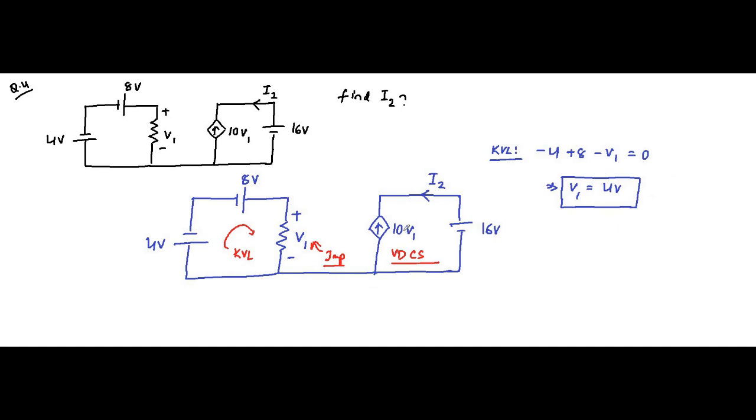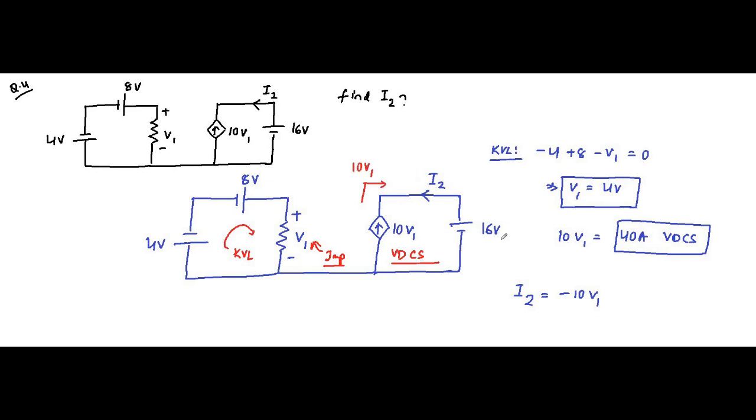So this 10 V1 voltage dependent current will be 40 ampere. Now here if you see, I2 is equal to minus 10 V1, because they are flowing in the opposite direction. 10 V1 is assigned in this direction, I2 is flowing in the opposite direction.